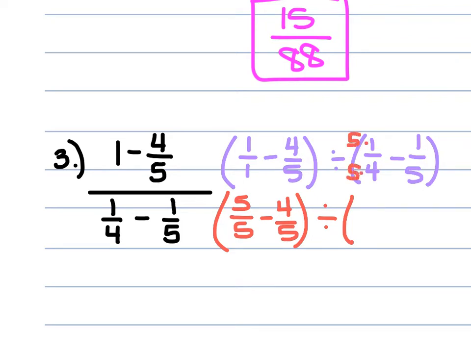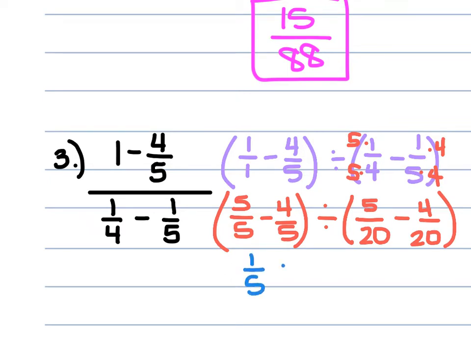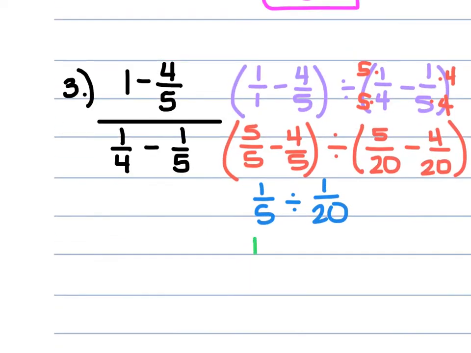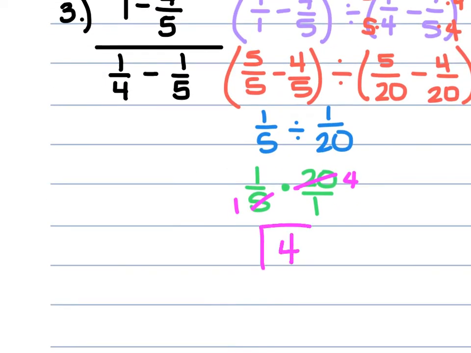Multiply the 1 by 5, you get 5 over 20. Minus, you're going to multiply the 4 by 5 and by 1, so that's 4 over 20. So when we subtract these, 5 minus 4 is 1, keep it over the 5. Divided by 5 minus 4 is 1, keep it over the 20. So keep, change, flip now. 1/5 times 20 over 1. The 5 goes into 20 4 times, so this is just 4.